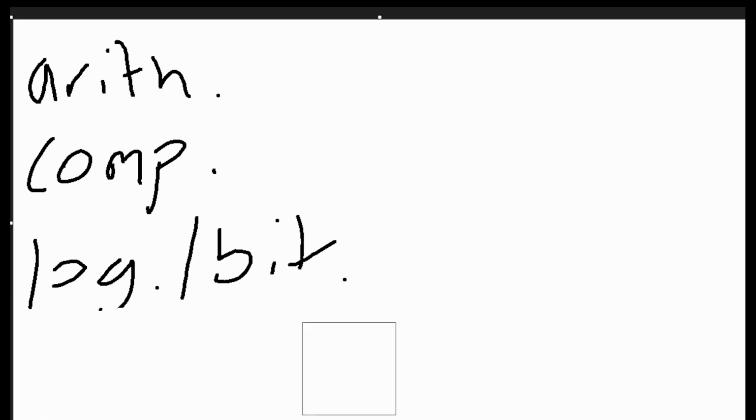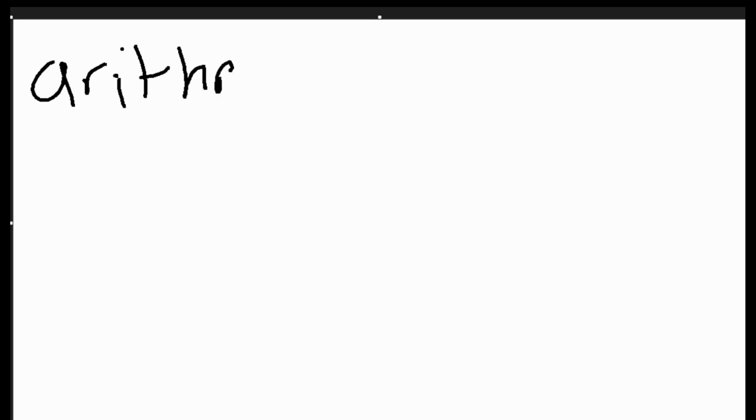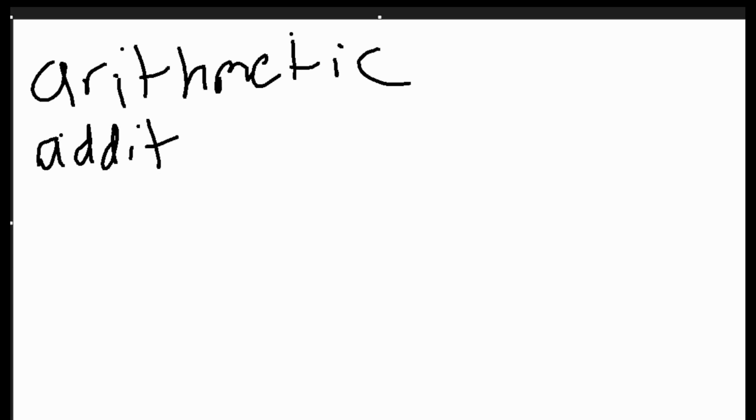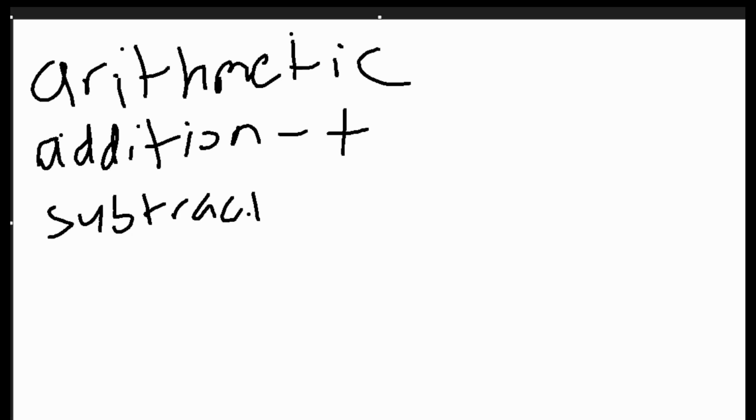So for arithmetic operators, these are things that you will know just as math, although in Python, their symbols might be a little different. Addition and subtraction are just about the same. You use the plus and minus sign.